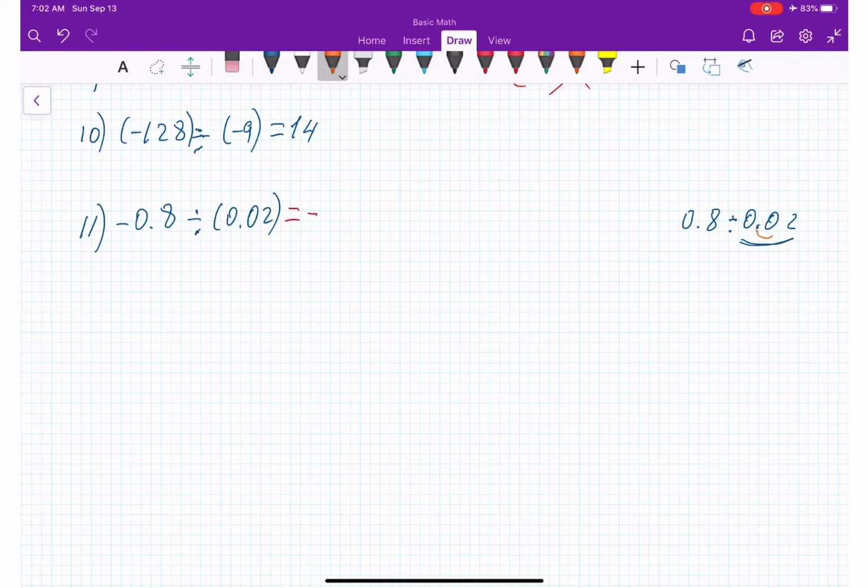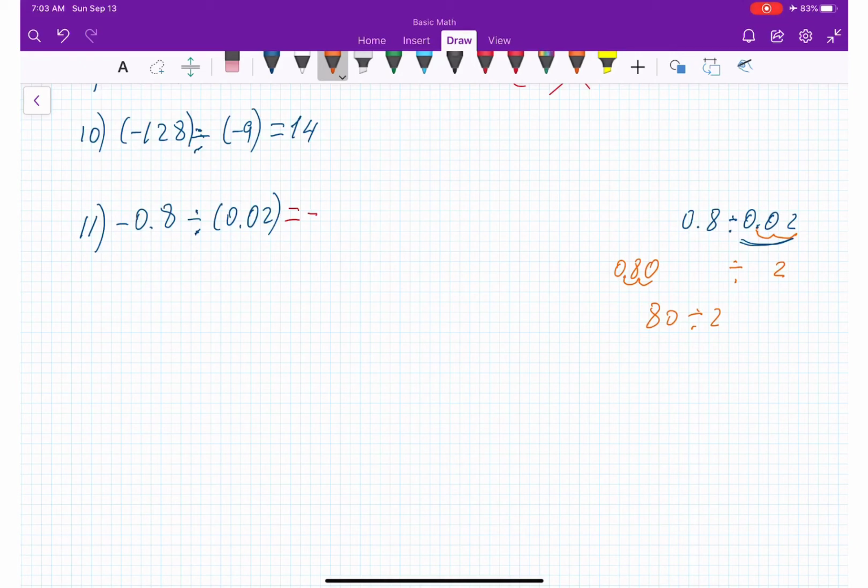So I'm moving by 2 decimals to get the whole number 2. But because I moved this number by 2 decimals, I have to move 0.8 also by 2 decimals. So 1 will come after 8, and then the other one I fill out with 0. And I'm getting 80 divided by 2.